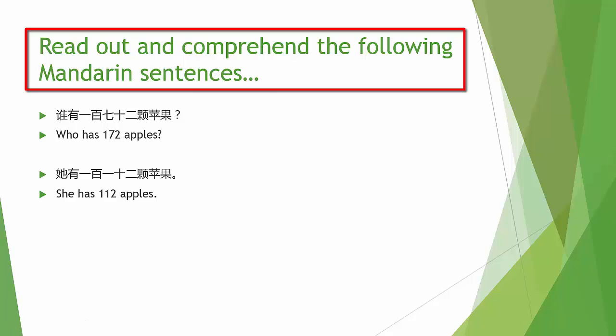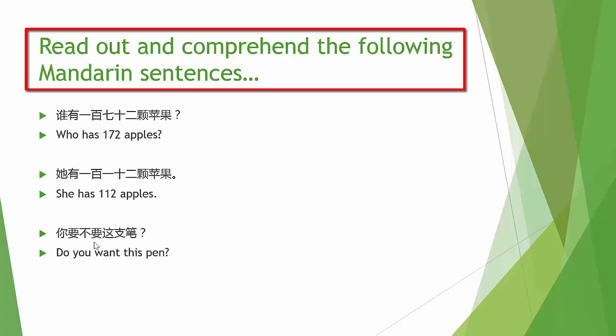The next one, can you understand this? So this is a yes and no question. In English it is, do you want this pen? 你要不要这支笔? So 要不要 is the way to construct the yes and no question.